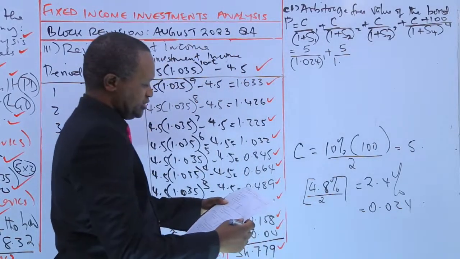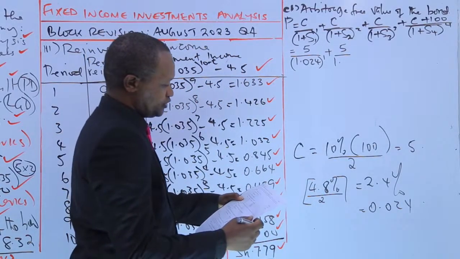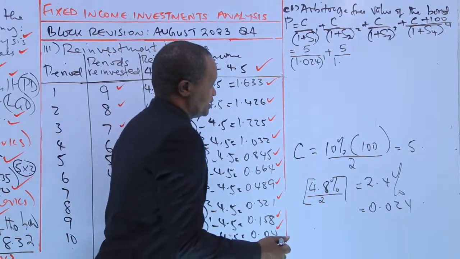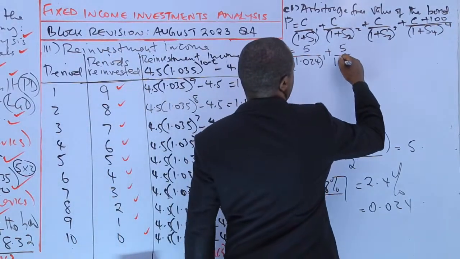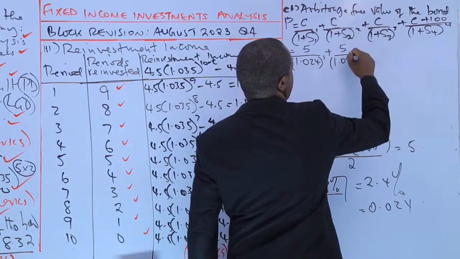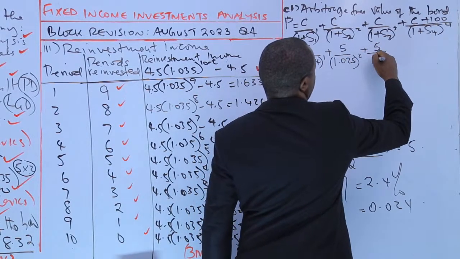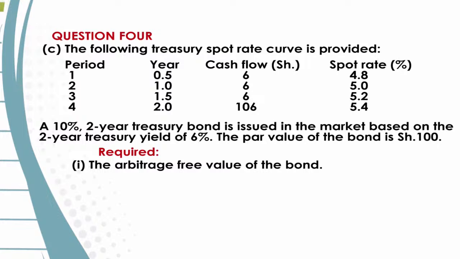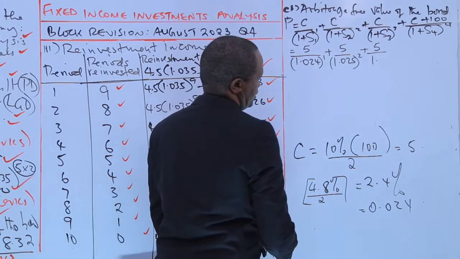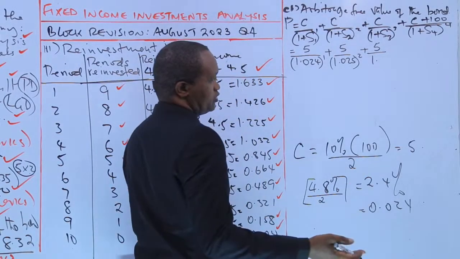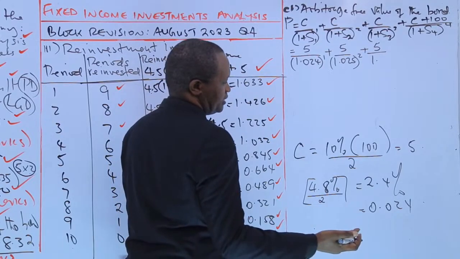plus 5 is constant over 1 point. The second period spot rate is 5%, divided by 2 is 2.5%. So this is equal to 0.025 raised to 2, plus 5 over 1 point. The third period interest rate is 5.2. 5.2 divided by 2 is equal to 2.6%.